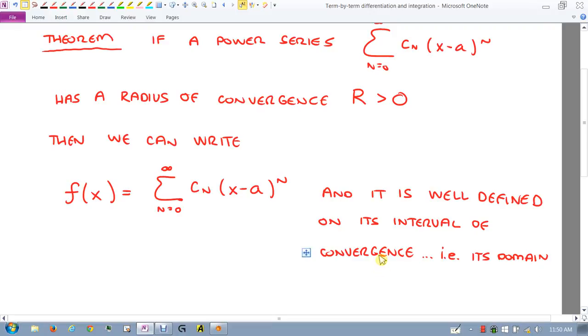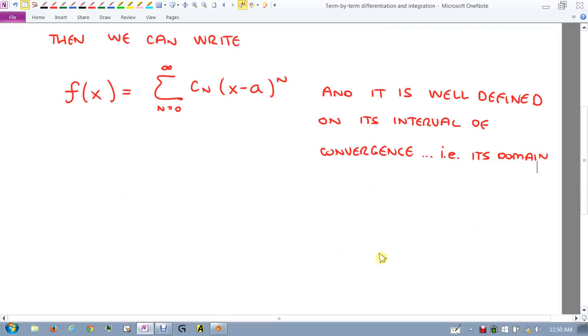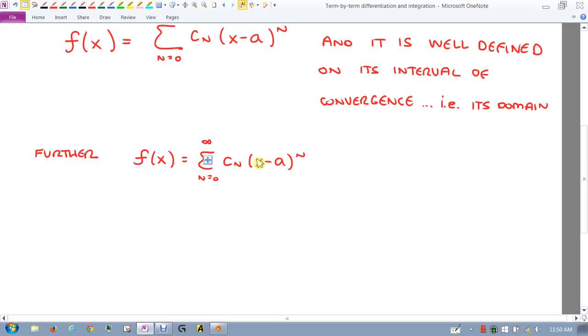So we've got this. Further, this function, which is equal to c sub 0 plus c1 x minus a plus c2 x minus a squared plus c3 x minus a cubed plus dot, dot, dot, right?